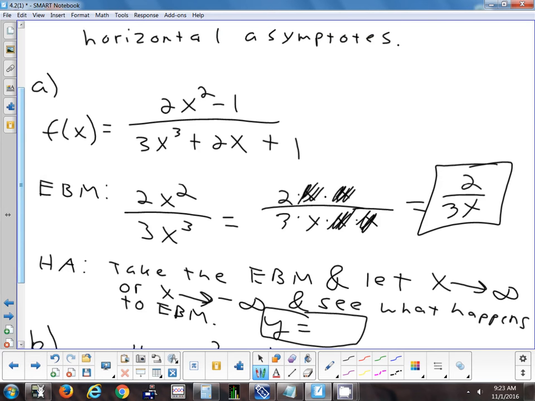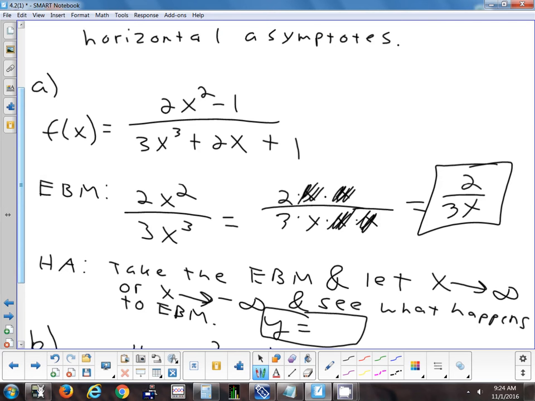Let it get bigger and bigger in this fraction, and tell me what happens to that fraction. Fraction gets smaller and smaller. And what does the fraction approach? 0. Pretend like x is 1,000. You'd have 2 divided by 3,000. Pretty small. Then let x be 1,000,000. 2 divided by 3 times 1,000,000, that's 2 divided by 3,000,000, even smaller. So it's going to get smaller and smaller and approach 0.